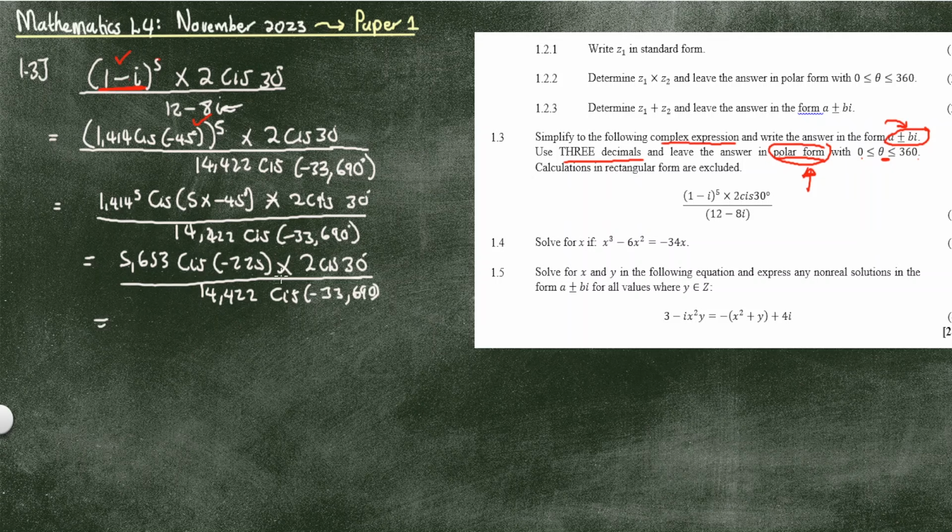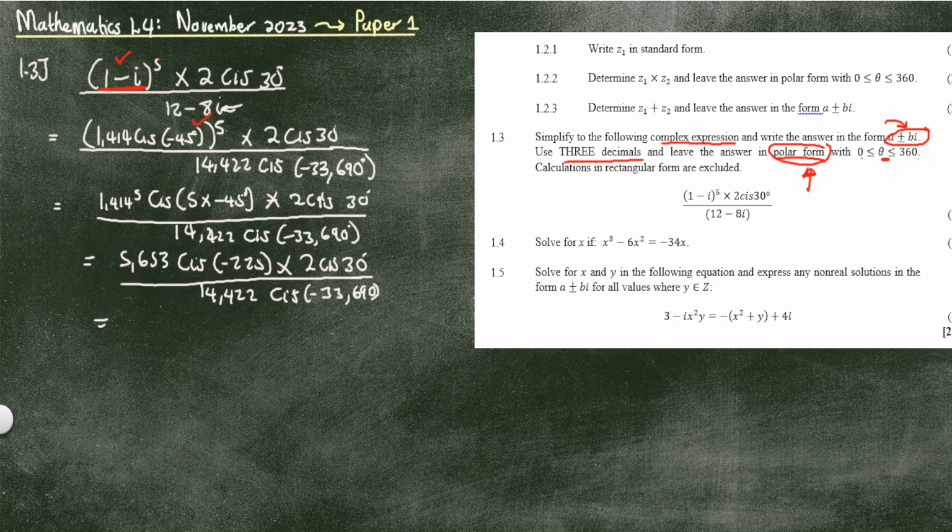Alright, so on the numerator I'm going to multiply the two complex numbers, 5.653 multiplied by 2.